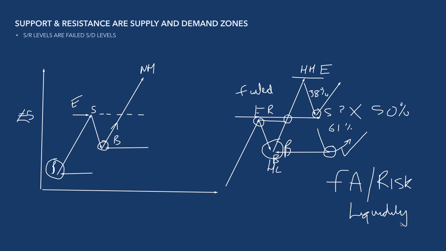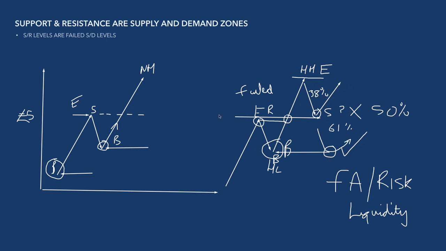Outside of that, I don't think there's really anything that the market's driven by. Fundamental analysis, which determines value, risk sentiment, safe haven plays, and risk tolerance, and the amount of liquidity that there is for prices to move higher or lower.